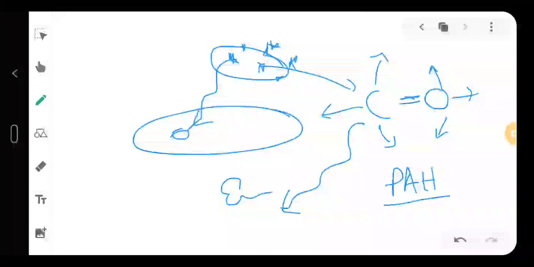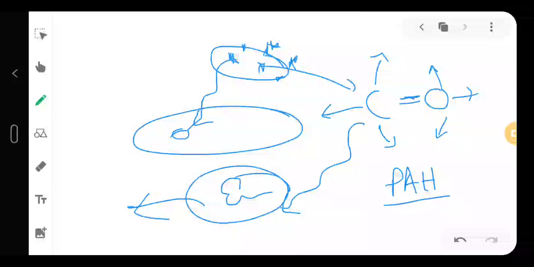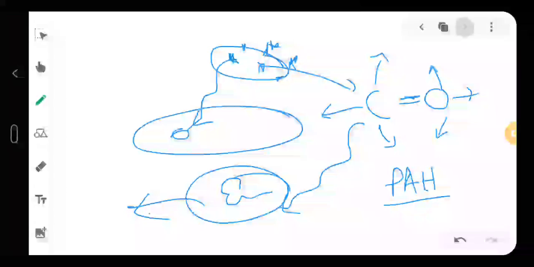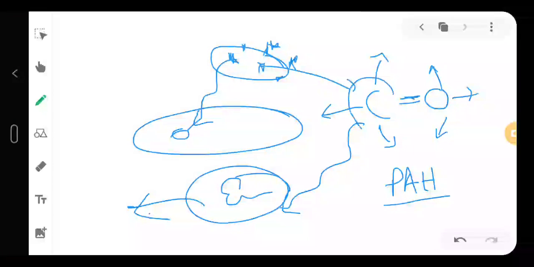We can analyze this, use those formulas, and then we can understand the expected mass of these things, the molecular mass, and verify which kind of molecules are there.